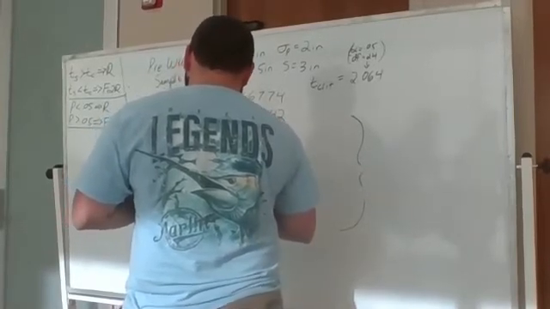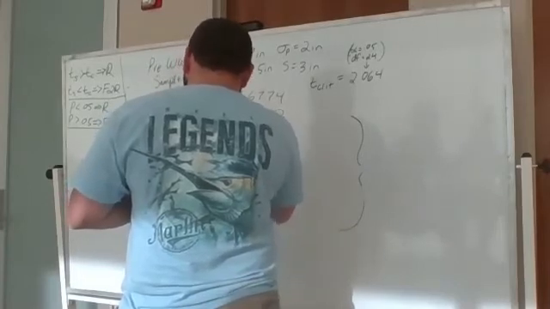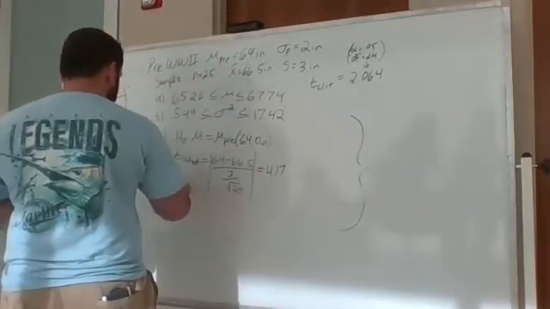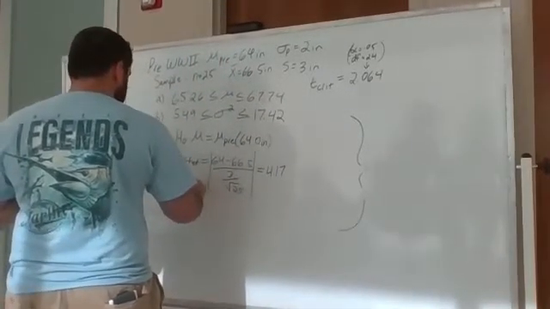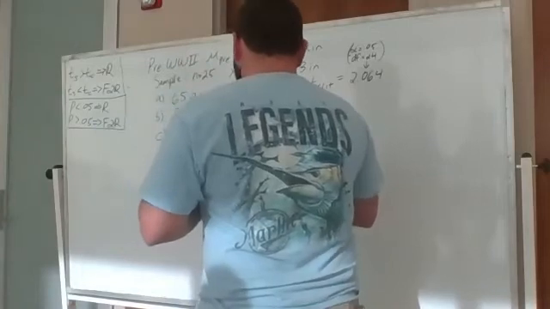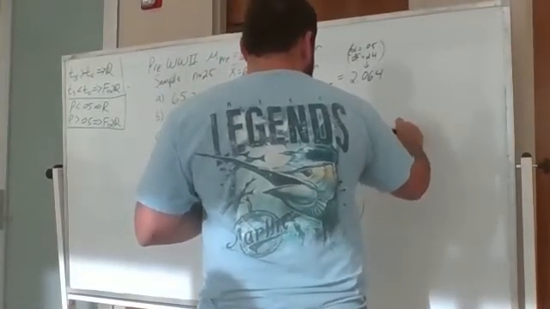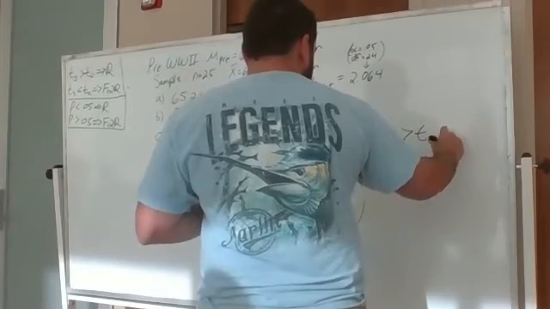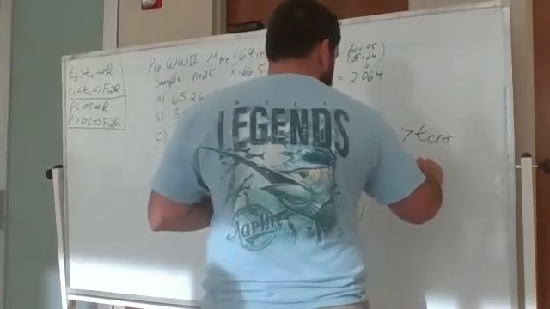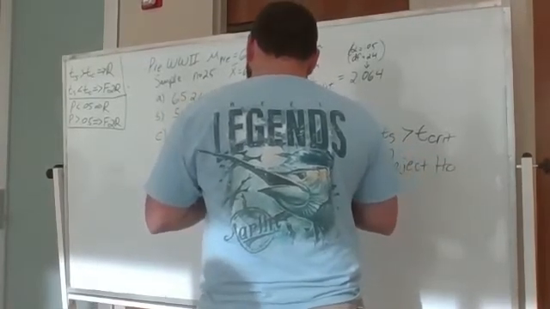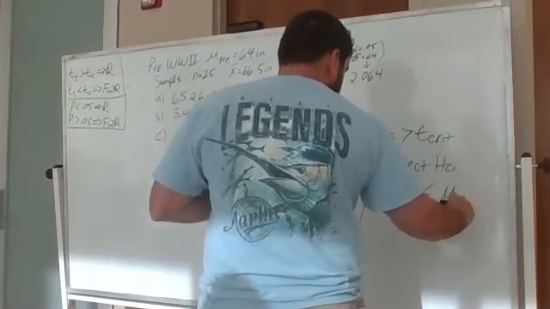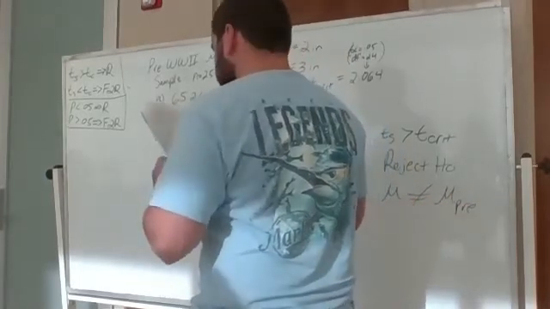So when you look at the t critical value that we looked at earlier, which is 2.064, the t-stat is greater than your t-crit, which leads you to reject the null, saying that the average height is not equal to the average height before World War II.